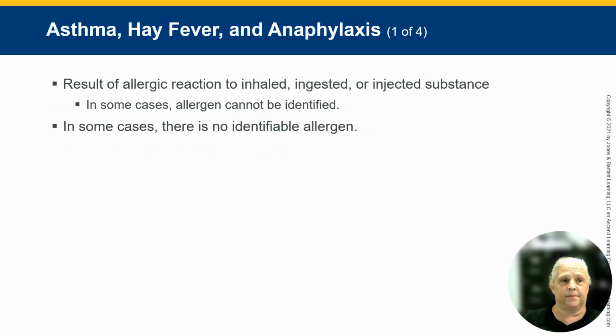So with asthma, hay fever, and anaphylaxis, they're a result of an allergic reaction due to an inhaled, ingested, or injected substance. Sometimes we can't figure out what the allergen is.